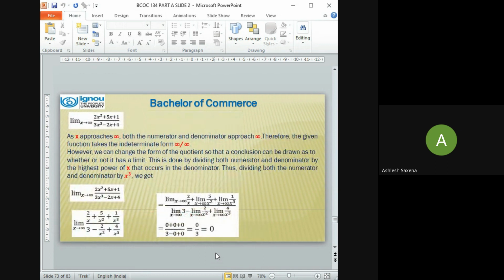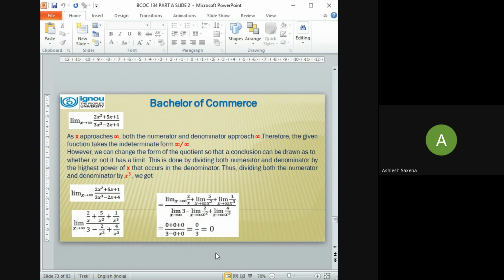Now, another problem here: the limit is not to a natural number, it is to infinity. So here the problem is limit x tends to infinity of (2x square plus 5x plus 1) upon (3x square minus 2x plus 4).